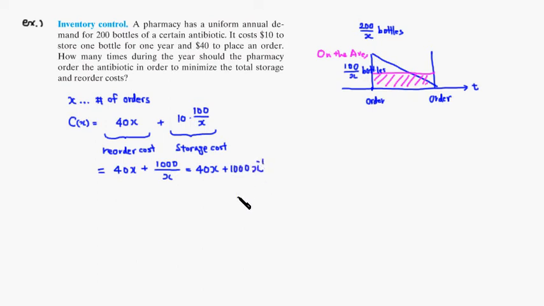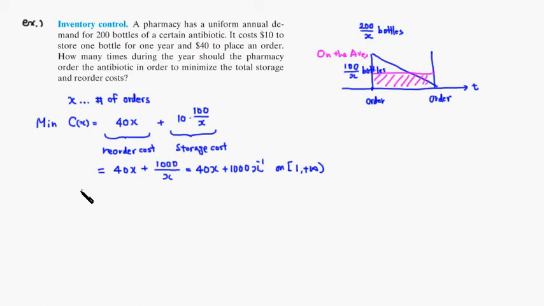I like this form when it comes to taking the derivative. What we want to do is minimize the cost, not maximize. And on the interval, we're going to start from 1, since we have to order at least once a year, and then you can order as many times as you want. So this is the function we want to minimize.